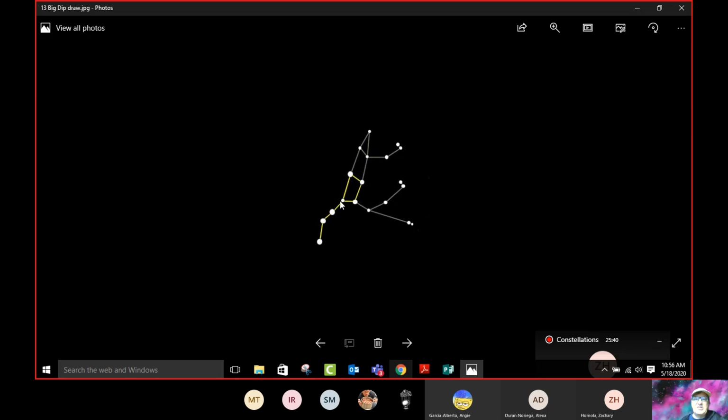It would be how it lost this tail. In Native Americans, at least some tribes, they also saw this as a bear. Kind of interesting that they also saw this as a bear, but instead of a long tail, these were three hunters following the bear. So there's different stories that we would have to describe these patterns we see in the sky.